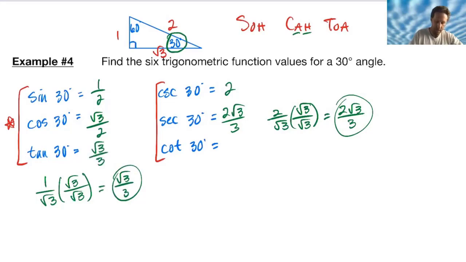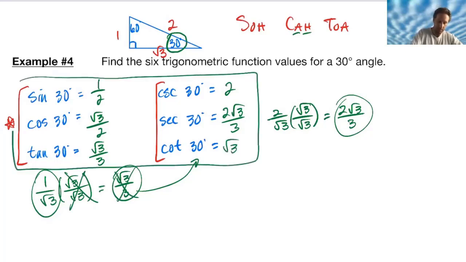Now, before I actually take this and do the reciprocal, I'm actually going to take what I originally had, which was 1 over root 3, and just do the reciprocal. So I don't have the rationalized equivalent. I will just take root 3 over 1. And that is what the 6 trig function values for the 30-degree angle would give us.